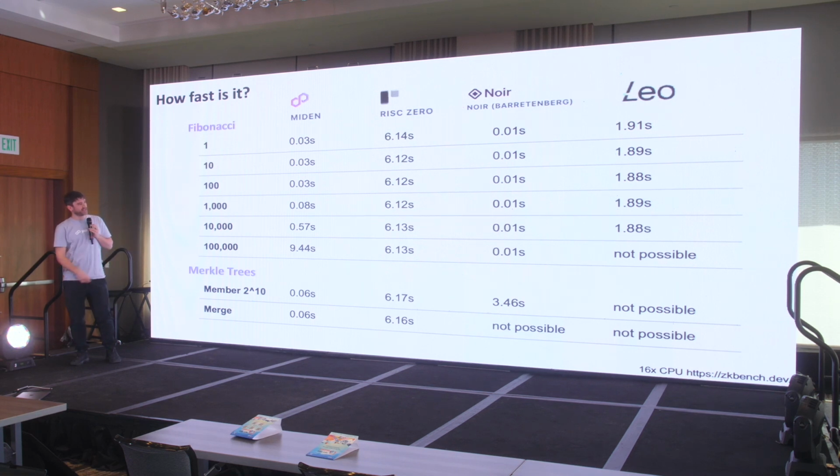The big thing is the Fibonacci. Miden is quite fast, almost as fast as Noir, which is circuit-based. For the blockchain stuff down there, the member inclusion proof and the merge, we are really fast, but there are downsides: we need to code in assembly because of that, and we have our own hash function.